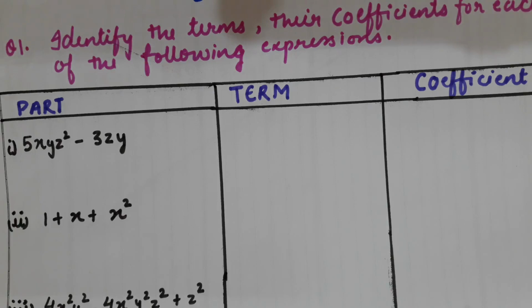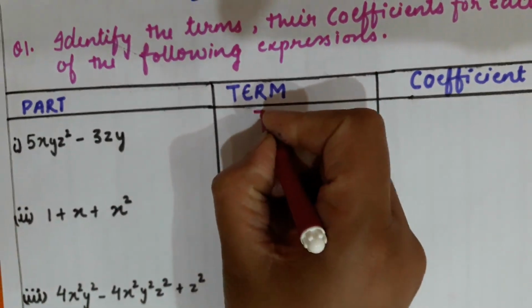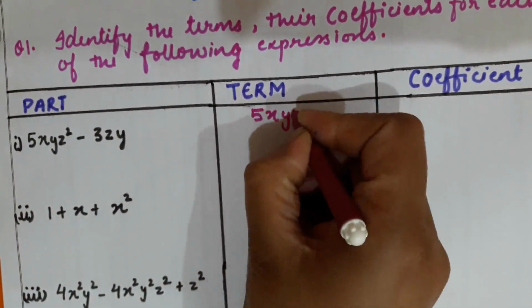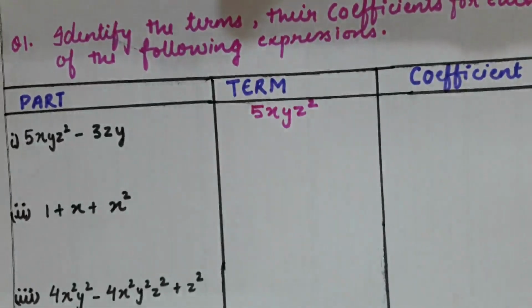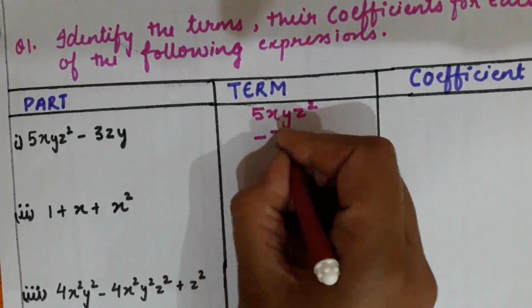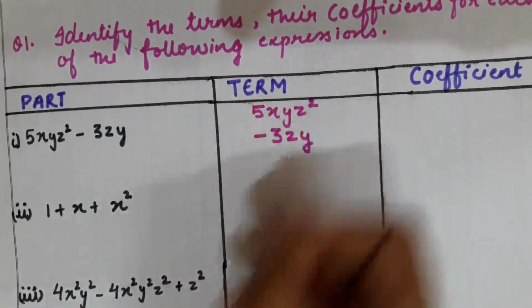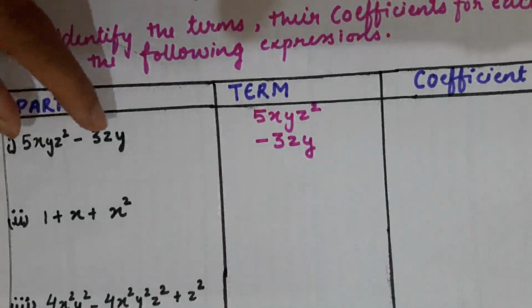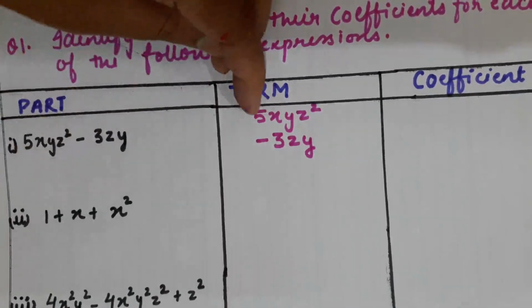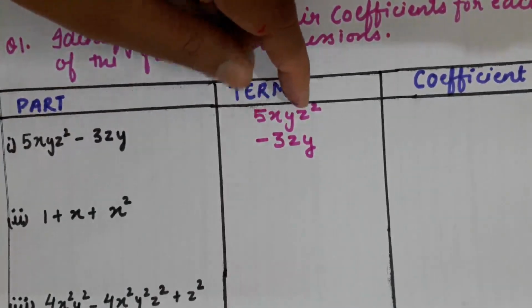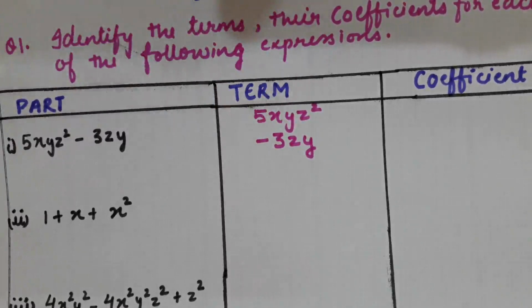Now what are the terms here? 5xyz square is the first term here, and the next term will be minus 3zy. So in this part you have two terms: first is 5xyz square and another is minus 3zy.